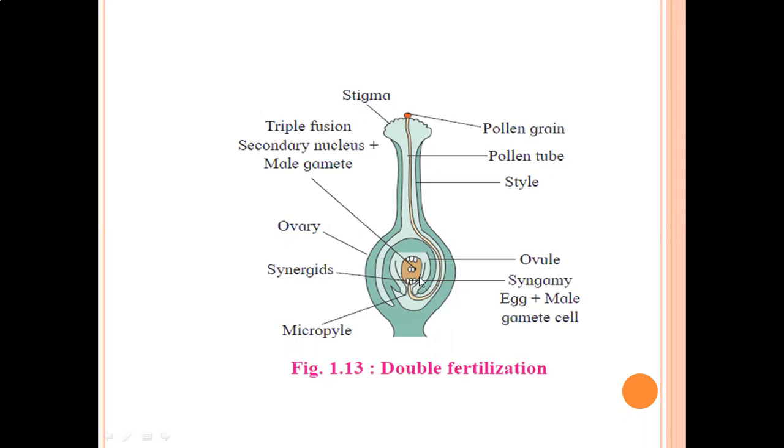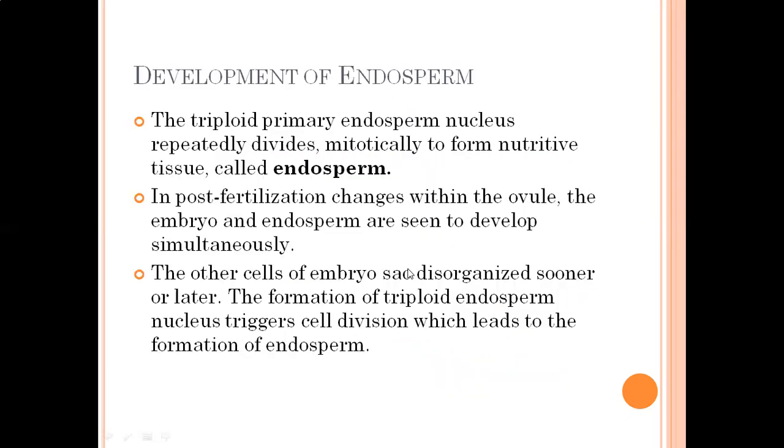When the other male gamete fuses with the secondary nucleus, there is the formation of the primary endosperm nucleus. This means the development of the embryo, that is the zygote, as well as the development of the endosperm, takes place simultaneously.